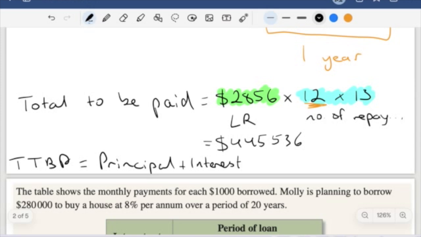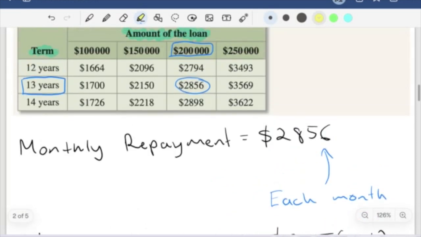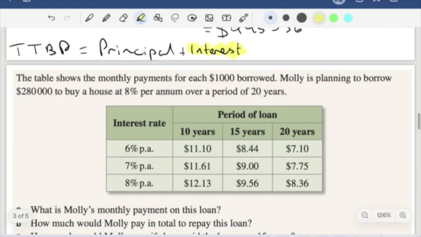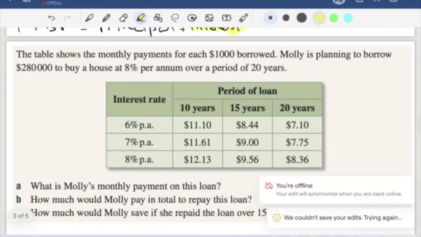So, remember here, we talked about this before, the interest is the difference between the total to be paid and the principal. So we can find our interest by doing 445,536 minus our 200,000, the amount that we actually borrowed. So let me just shift this thing down.